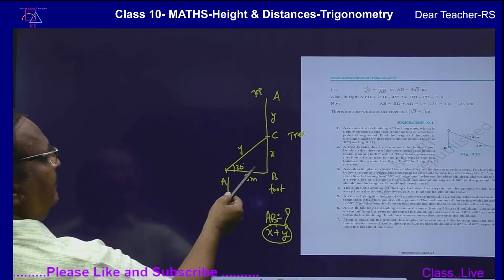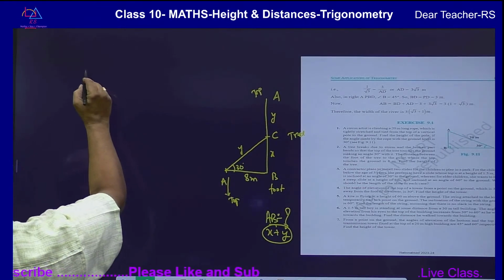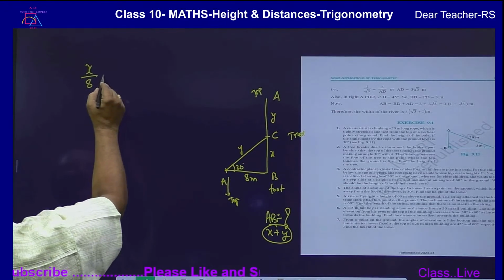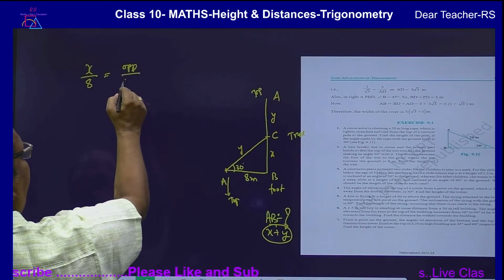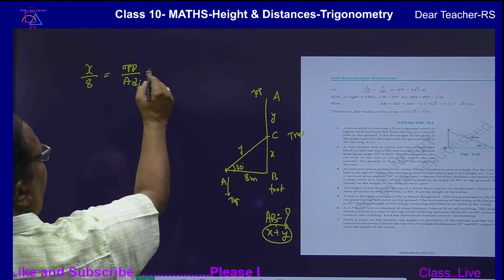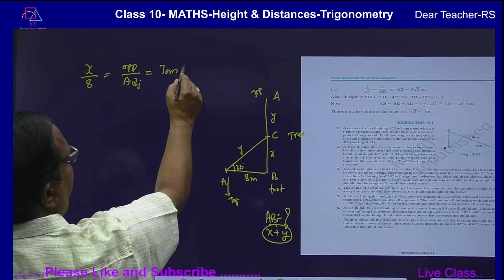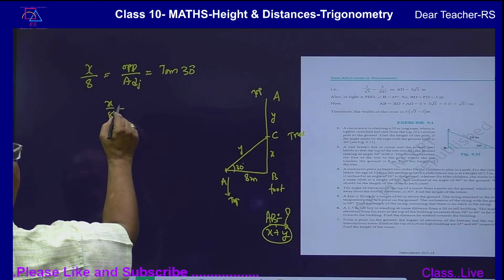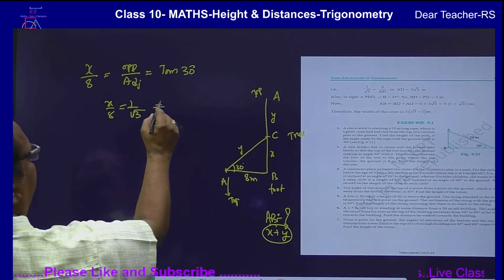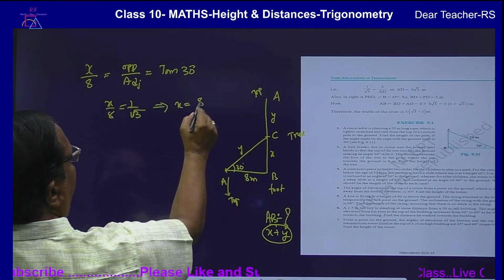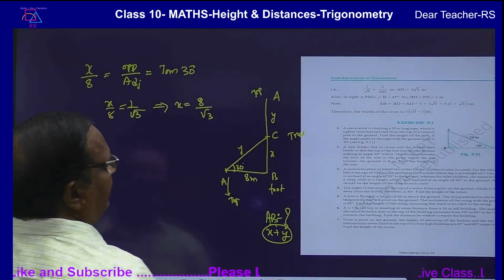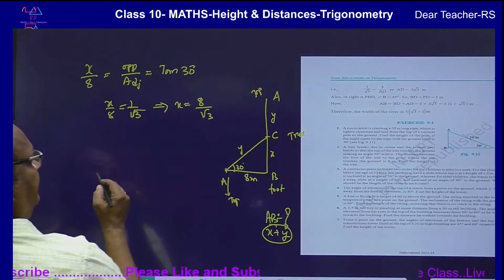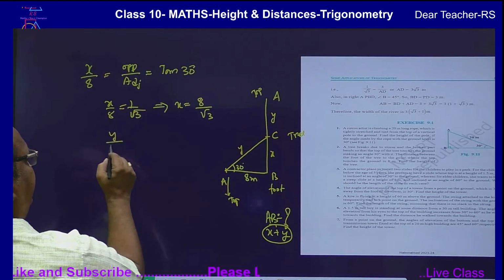Now x upon 8, this is nothing but opposite by adjacent side, which is tan 30 degrees. So x by 8 is equal to 1 upon root 3, and that implies x is equal to 8 upon root 3. We have got the x value.